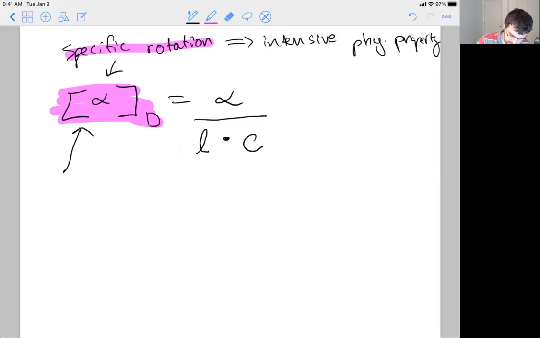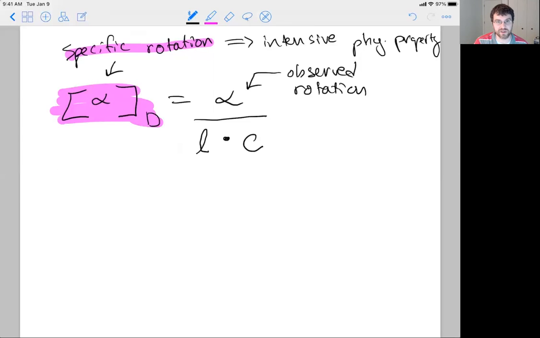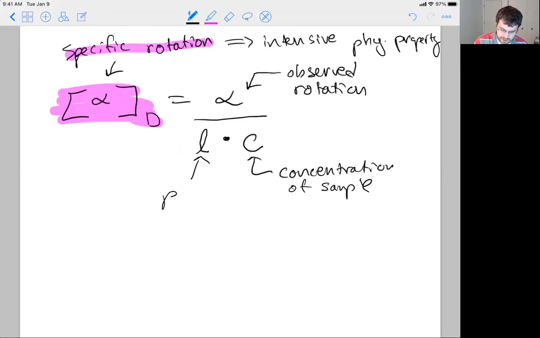This equation says specific rotation is equal to alpha over L times C, where alpha is the observed rotation. So if you put some sample in there, whatever amount, it's the observed rotation, but you have to divide it by C, which is the concentration of the sample, and L, which is the path length of light.